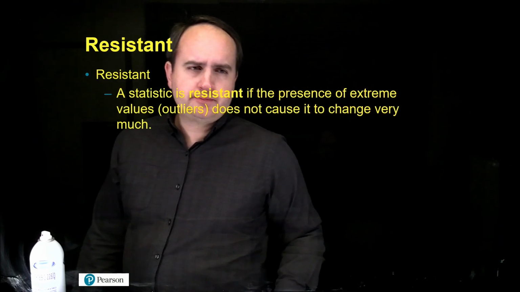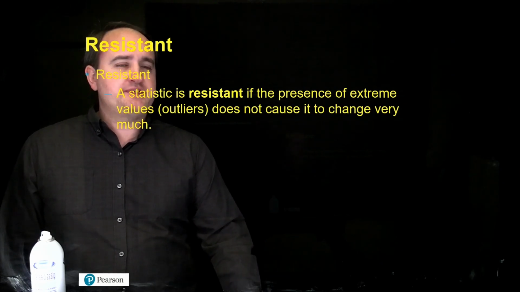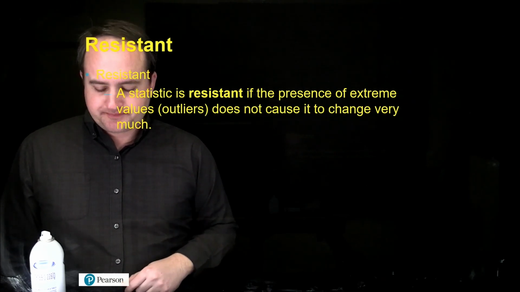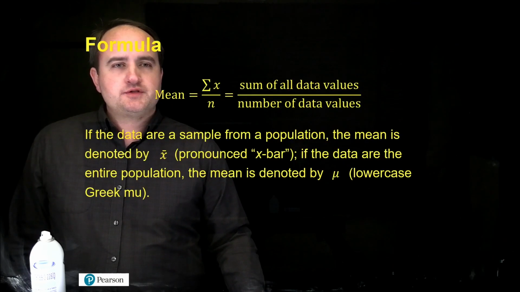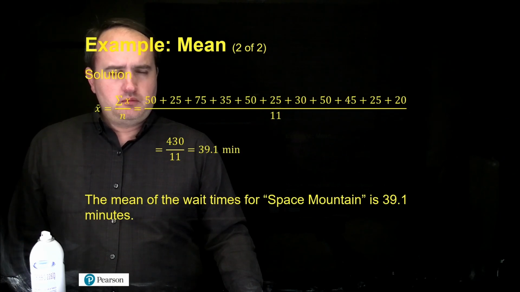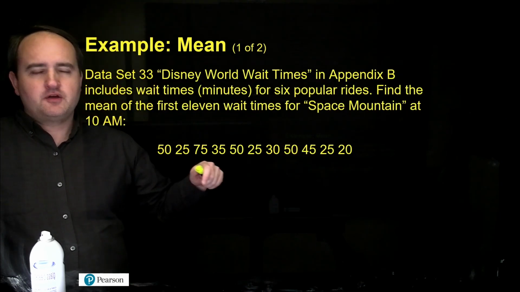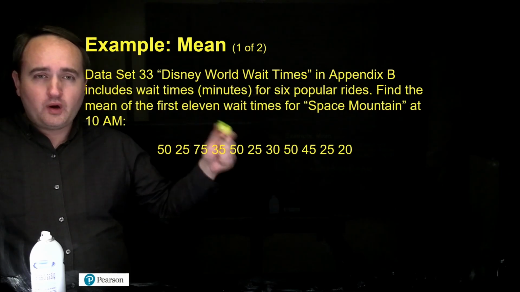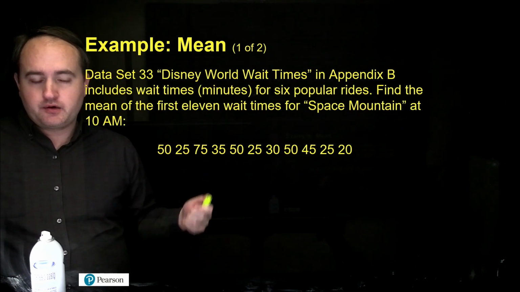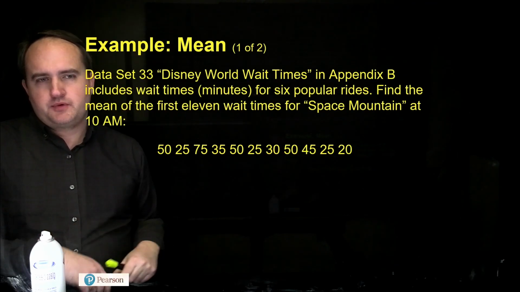So if you look at the mean, the reason it's not resistant is because it includes every data value. So like if we go back to this example, if I include one more data value that's an outlier, remember an outlier is a number that is far away from the other numbers.